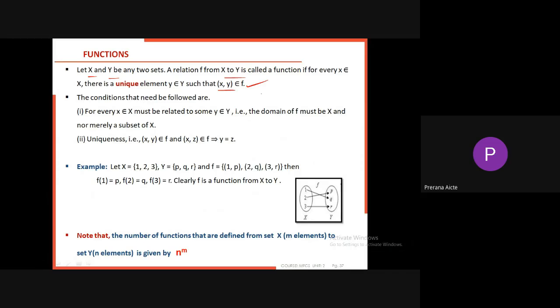That means for every element in the first set, there will be a mapping in the second set. A unique element is mapped in the second set, so that is the important property. Then I can say that the relation becomes your function.